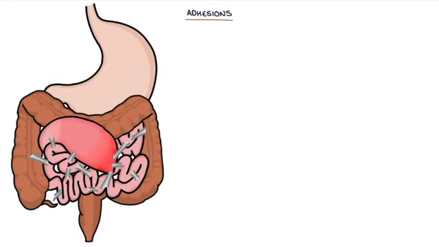Let's talk a little bit about adhesions. Adhesions are pieces of scar tissue that bind the abdominal contents together. They can cause kinking or squeezing of the bowel, leading to obstruction. Adhesions typically cause obstruction in the small bowel rather than the large bowel.